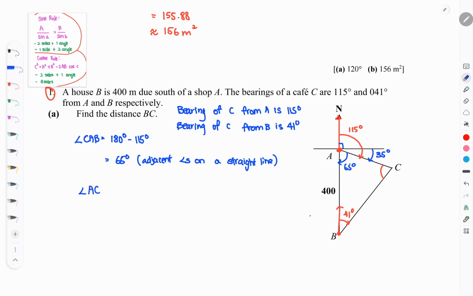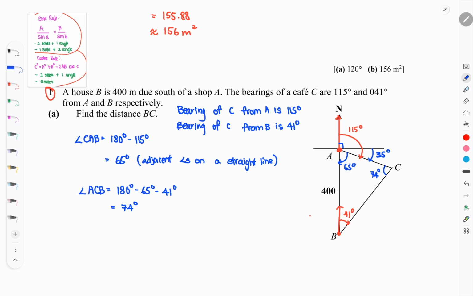Angle ACB equals 180 degrees minus 65 degrees minus 41 degrees. Then this will give me 74 degrees. So I just write down whatever I know first. 74 degrees.